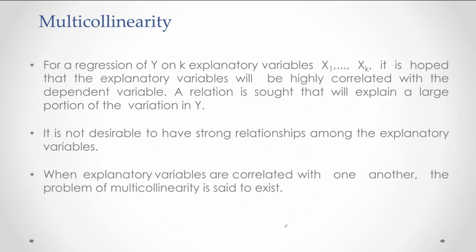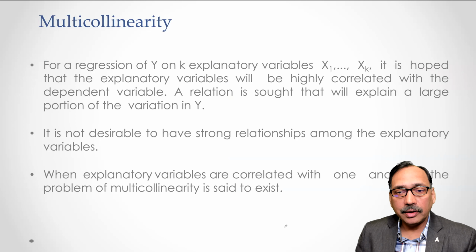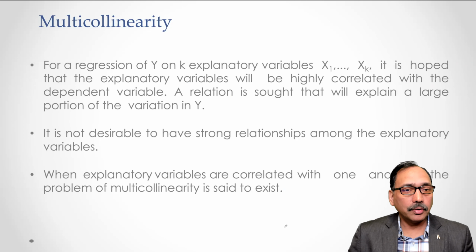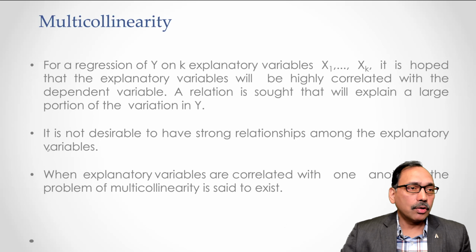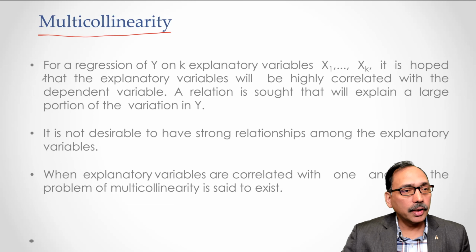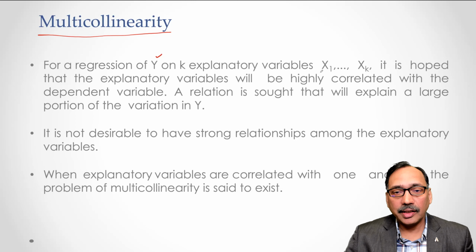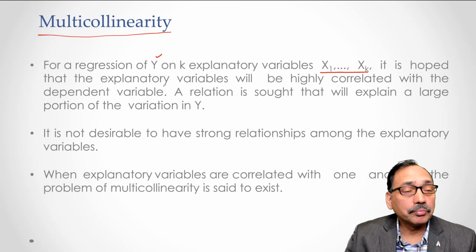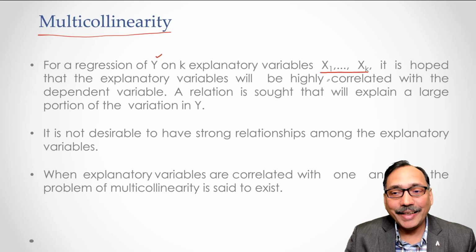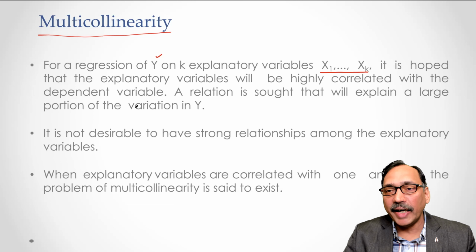Coming to an important topic with many independent variables, it's called multicollinearity. For a regression of y, which is the response, on k explanatory variables, let's say x1, x2 up to xk, it is hoped that these variables will be highly correlated with the dependent variable y.